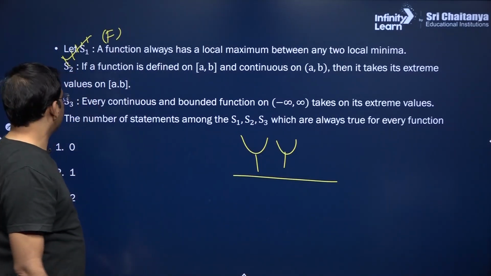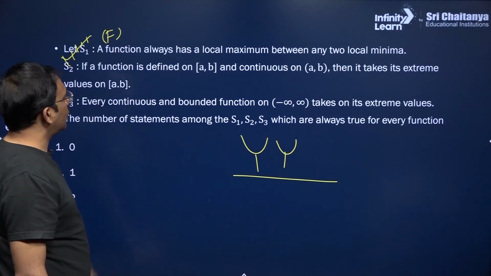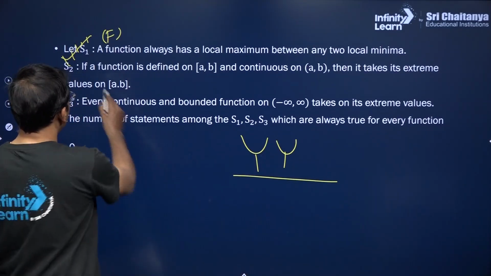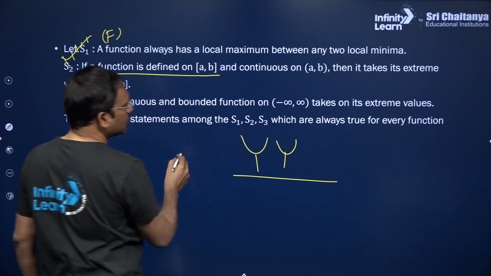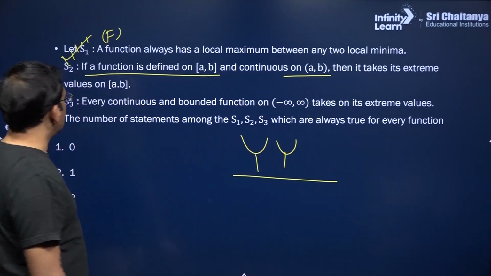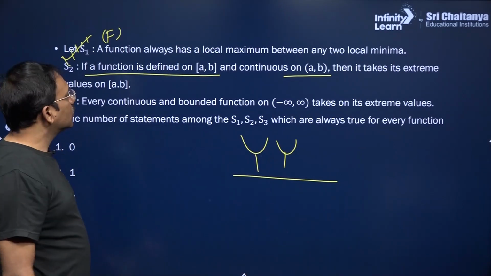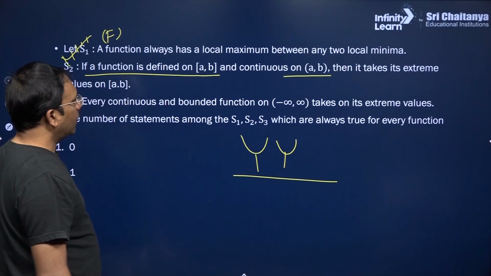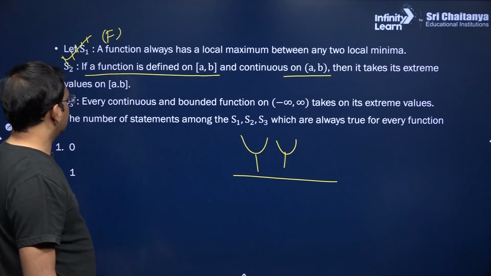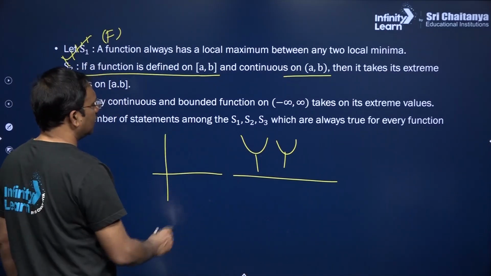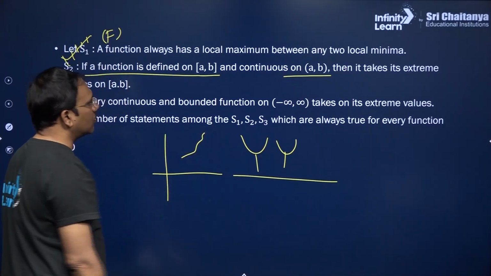Next my dear friends, second statement, you see a function f defined on closed AB, continuous on open AB, then it takes extreme values on closed AB. I have already told. So you just take some function a to b, it is continuous.